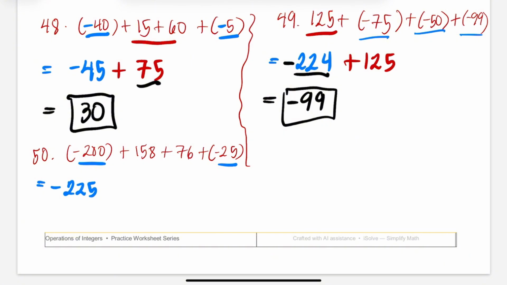And then for the positive numbers, we have 158 and 76. 158 plus 76 is 234, plus 234. And at the end, we're going to minus them because they have different signs. 234 minus 225, the answer is 9. And the sign of the bigger absolute value number is positive. 234 is positive, so it's positive 9.